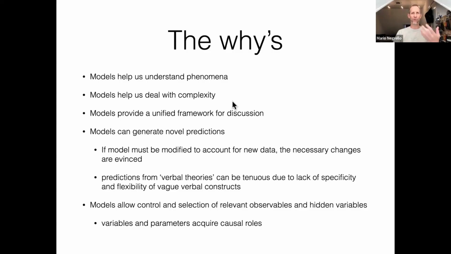So we do computational modeling because we want to improve and reinforce, or maybe even contradict the predictions from verbal theories, because those can be tenuous due to lack of specificity and flexibility of vague verbal constructs.